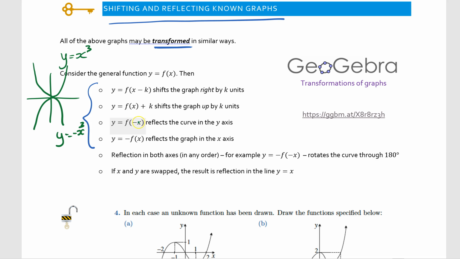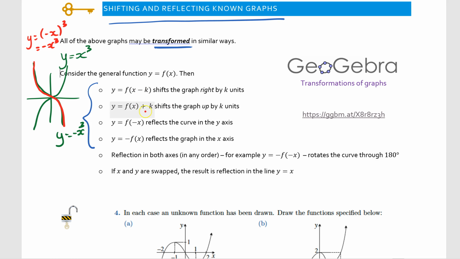Whereas if I take the function of minus x, so I take minus x all cubed, and look at that graph, and I'll just change the colours here, then it reflects the curve in the y-axis. But the original curve reflected in the y-axis looks the same as the one we just drew. And the reason is that if I take minus x and cube it, then that becomes minus of x cubed if I remove the brackets.